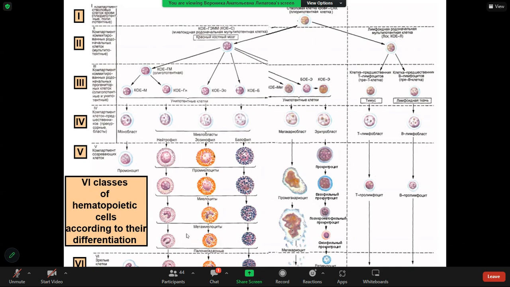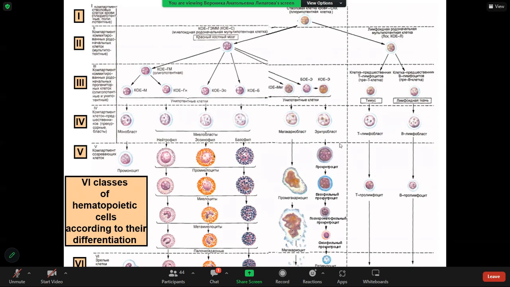In fact, band neutrophil we can see also in peripheral blood smear. Is this clear? Yes. And metamyelocyte is a post-mitotic stage of differentiation without ability to divide.